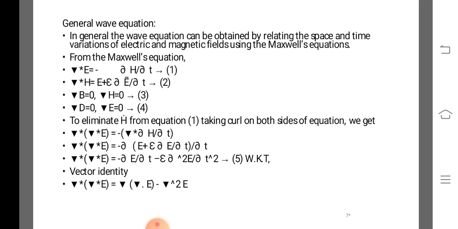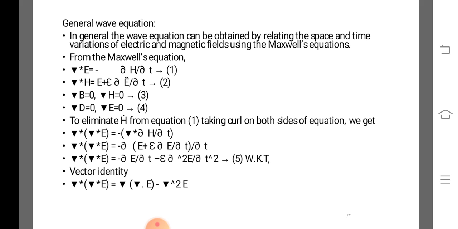So to eliminate H from equation 1, taking the curl on both sides of the equation, we get del cross del cross E equal to minus del cross dou H by dou t. So del cross del cross E equal to minus dou by dou t of sigma E plus epsilon dou E by dou t.